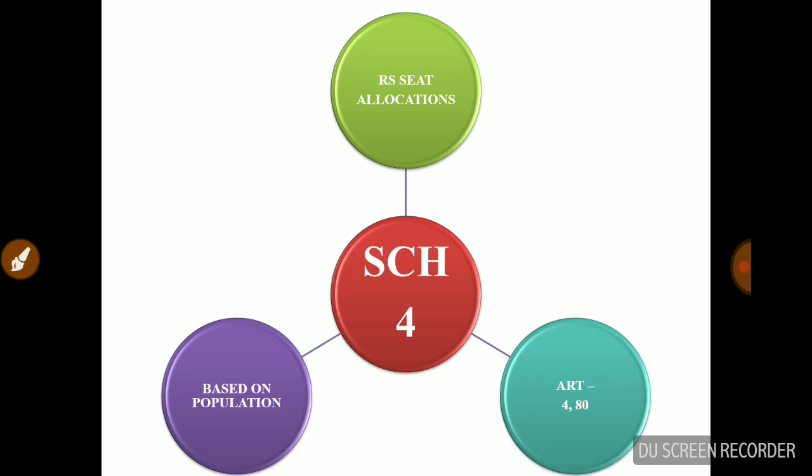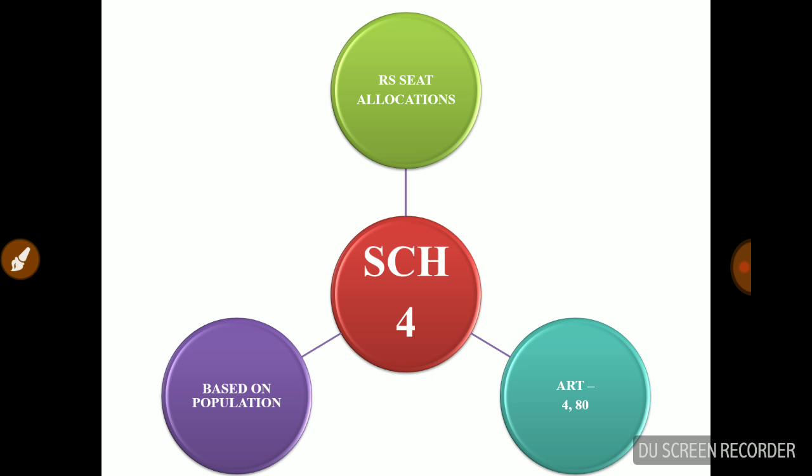Now we talk about Schedule 4. Schedule 4, we know that it is the Rajya Sabha seat allocation. We directly elect the MPs, or members of Parliament, to the Lok Sabha, but for the Rajya Sabha we are not electing anybody directly, we are choosing indirectly. That means from some state, the state legislature chooses those members for the Rajya Sabha as MPs. But for Lok Sabha we are directly electing people.